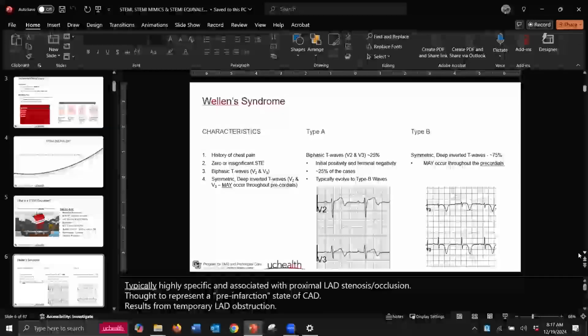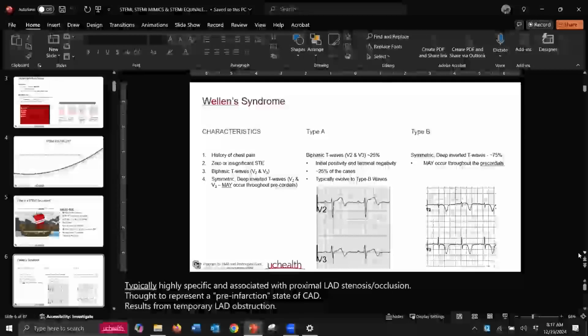Most specifically, if we think about lead placement in V2 and V3, we're looking at that anterior high septal region where these waves are going to appear. Okay, and we'll talk about the symmetric deep inverted T waves as in type B a little bit more later.